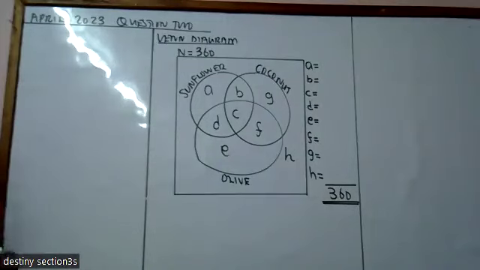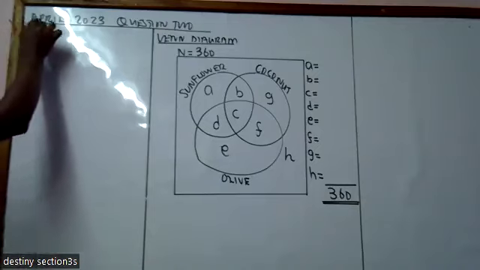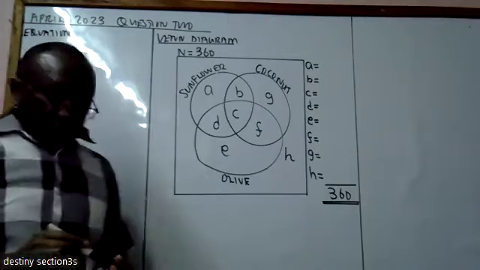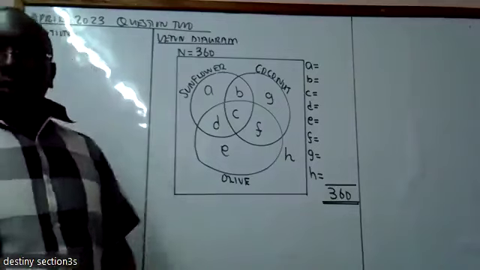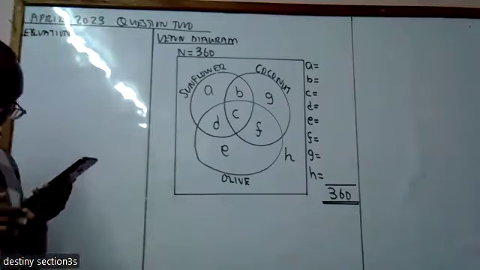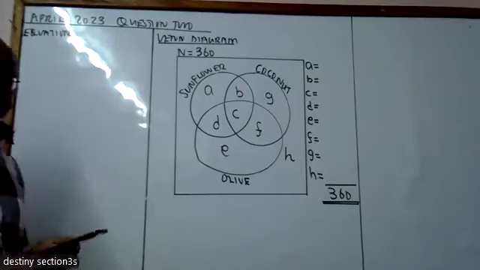So from there, we are supposed to do the equations. And the equations are done like this. We are told 220 customers preferred sunflower.